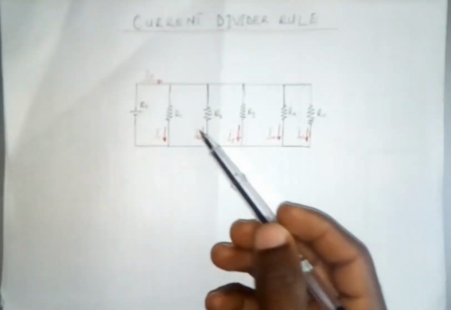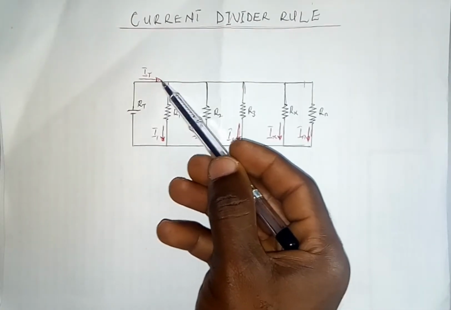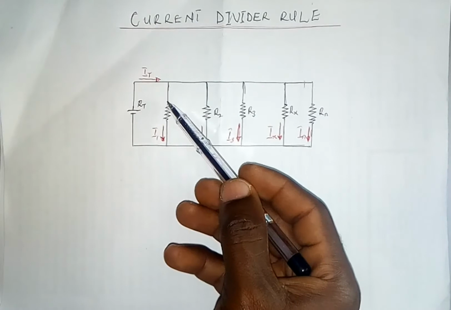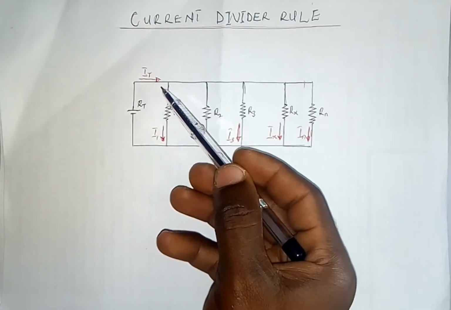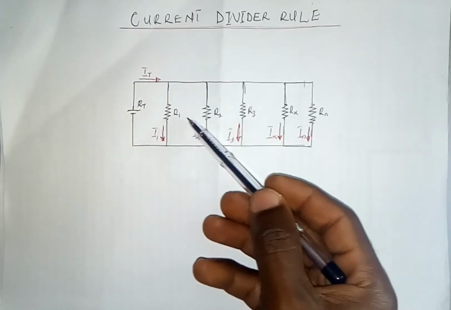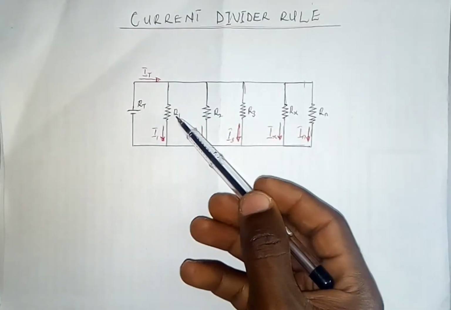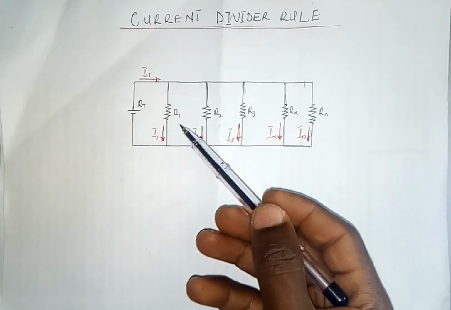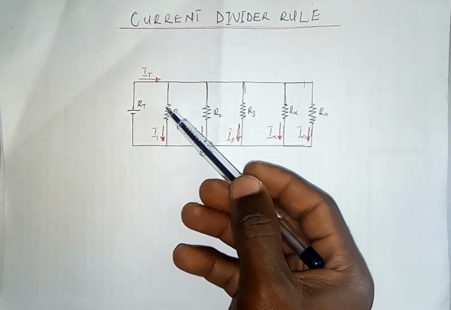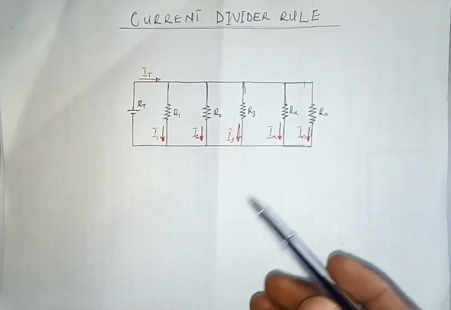In a parallel circuit the current is different, while the voltage across each of these resistors is the same. So for us to find the current that enters the node of each resistor, we are going to make use of the current divider rule.